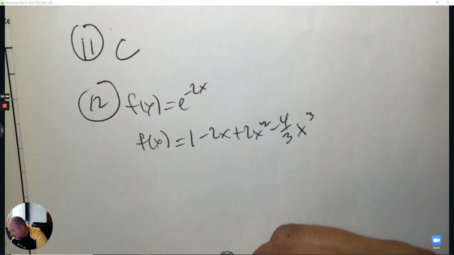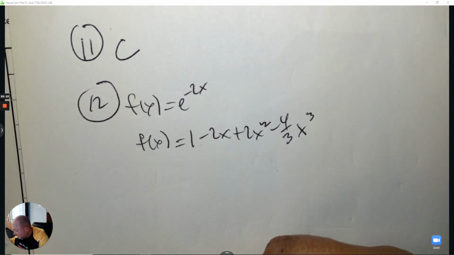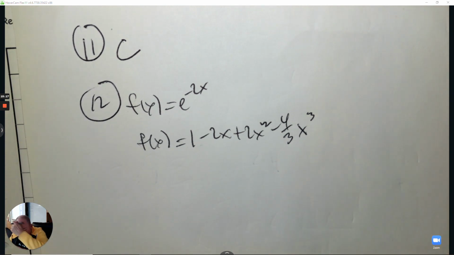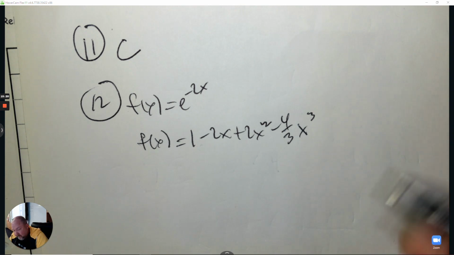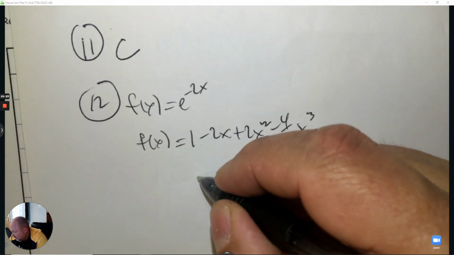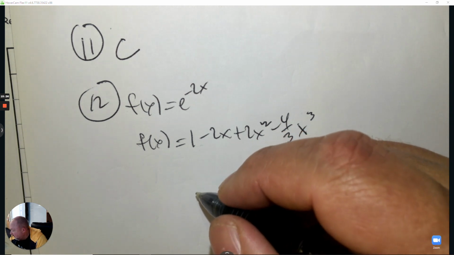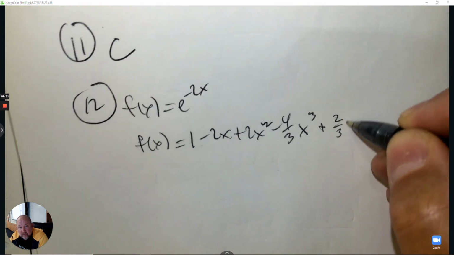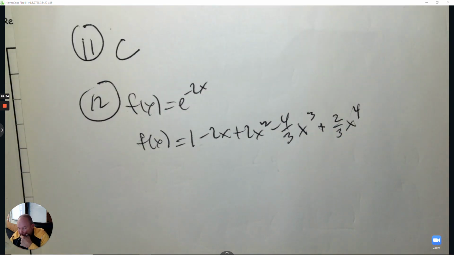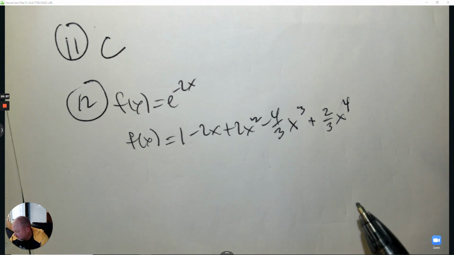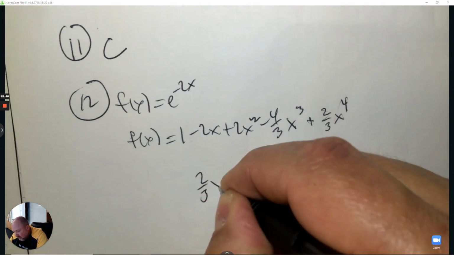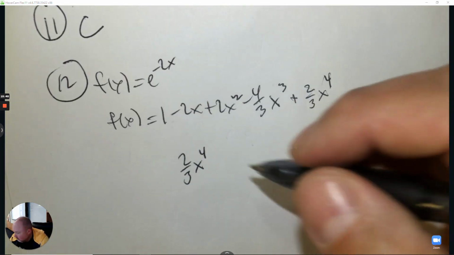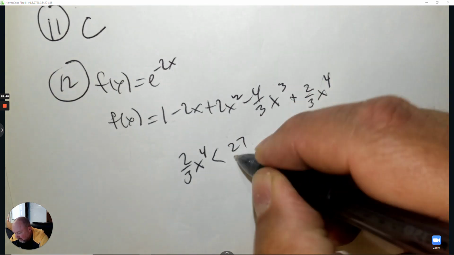Use the alternating series bound for this approximation, which has an error of less than or equal to 27 over 8. So for x, the next term in this one would be 2/3 x to the 4th. And that 2/3 x to the 4th would have to be less than 27 over 8.